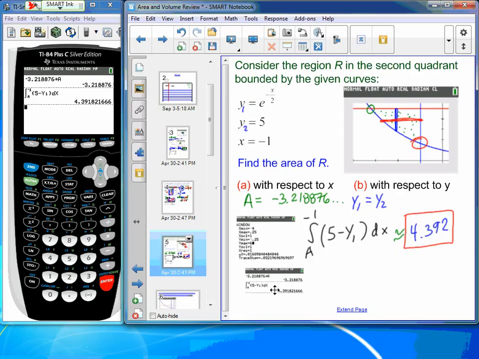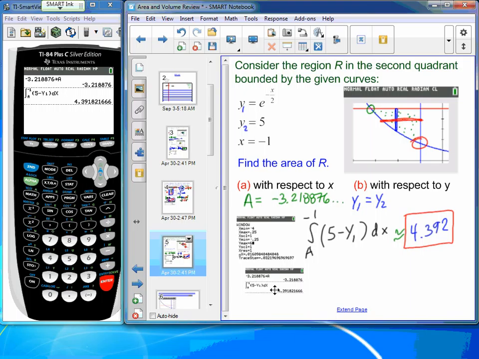We could if I had a y equals for my second curve, but right now this is an x equals. But that's okay. We can evaluate my first curve, y equals e to the negative x over 2, at x equals -1, and just get my corresponding y value. So this is just y of -1. We should get e to the positive 1/2. So isn't this e to the 1/2?